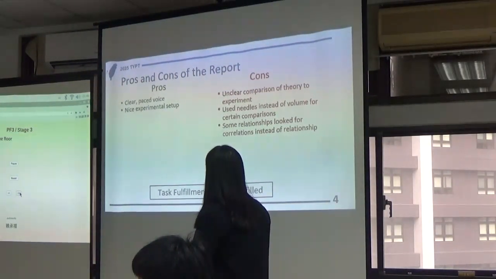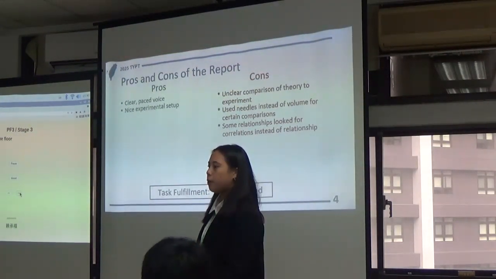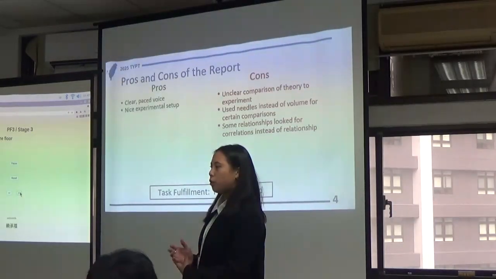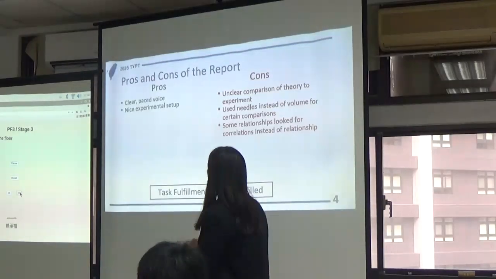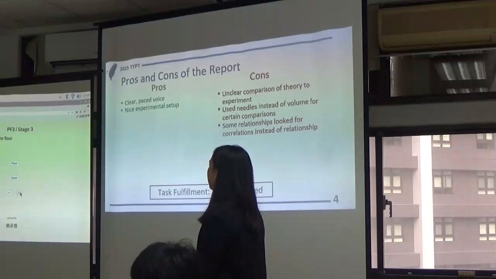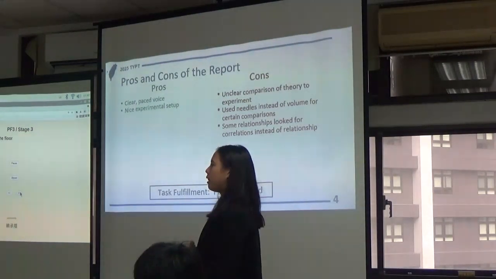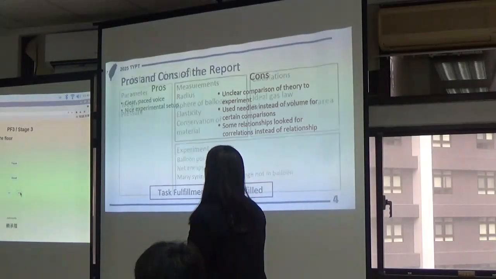And then the relationships looked for correlation instead of a relationship. So more correlation was shown instead of measuring the relationship of their parameters. And lastly, even though their pacing was nice and clear, their slides were not sufficient to reach the timing requirements.